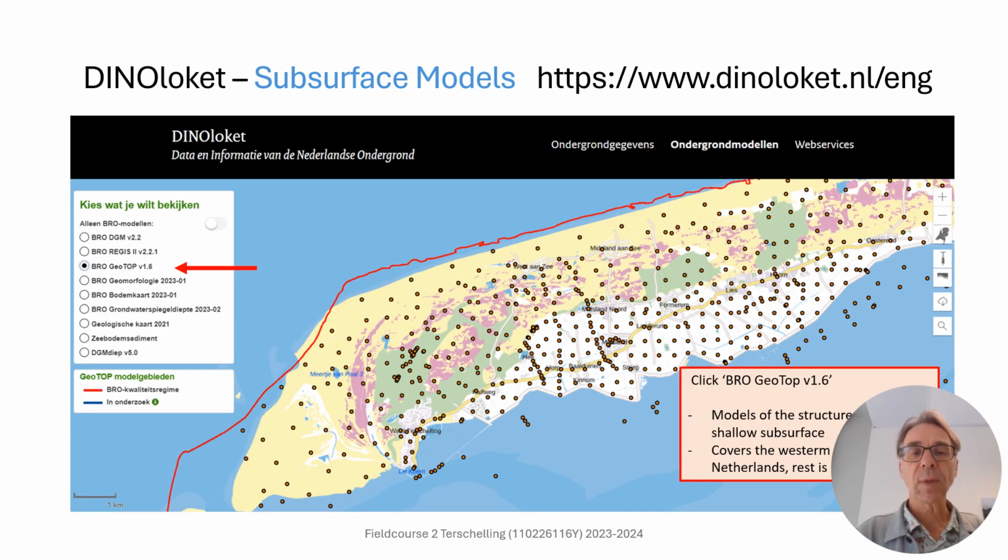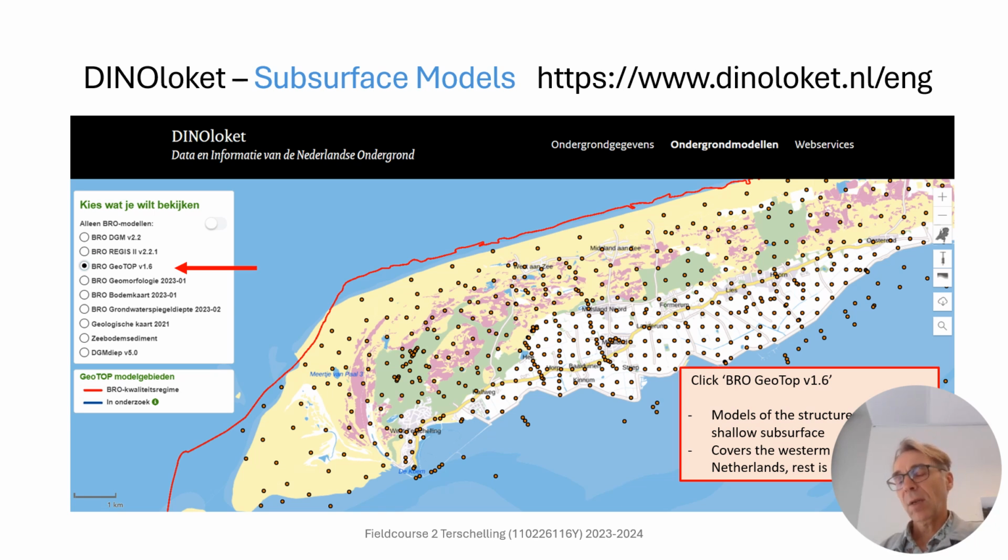Okay, then let's shift over to the GeoTop V1.6 models. That models the structure of the shallow subsurface, and that covers the entire Western Netherlands. So we're happy to include Terschelling in the Western Netherlands, but the rest of the Netherlands is experimental.